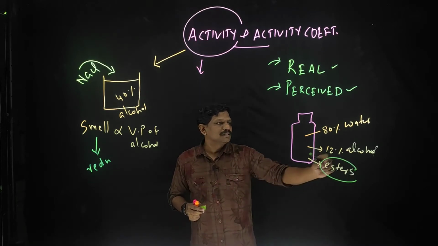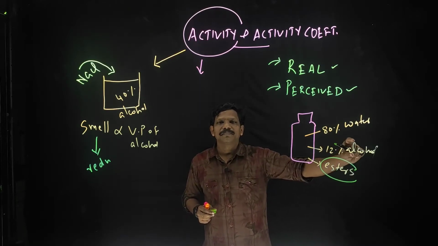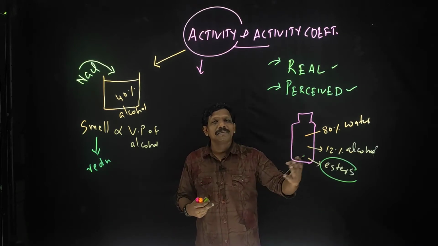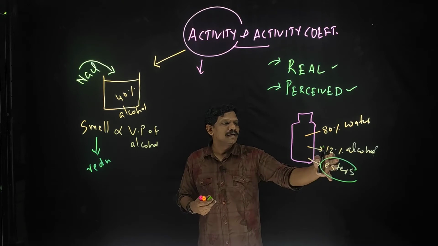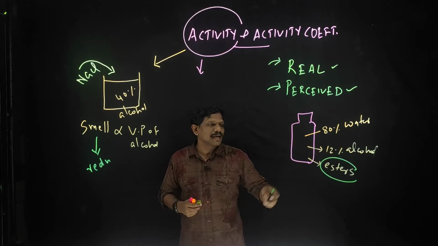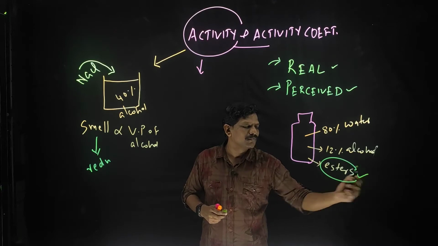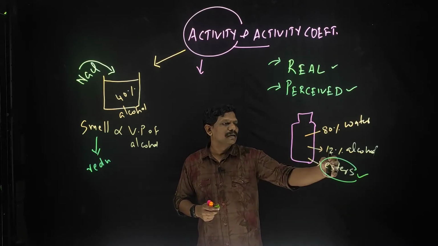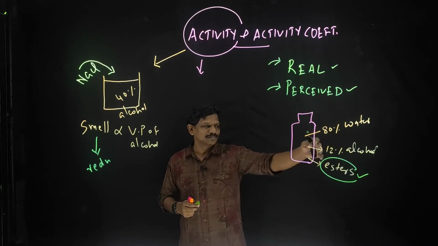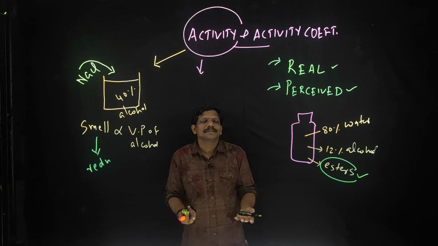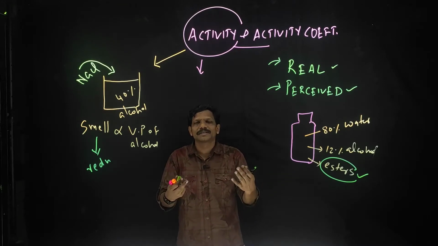So this alcohol percentage is very important. What is alcohol doing? Alcohol will make you feel that the ester concentration is very high in this perfume. The actual concentration is always the same. Suppose you add ester simply in water, you will not feel that the ester concentration is very high.